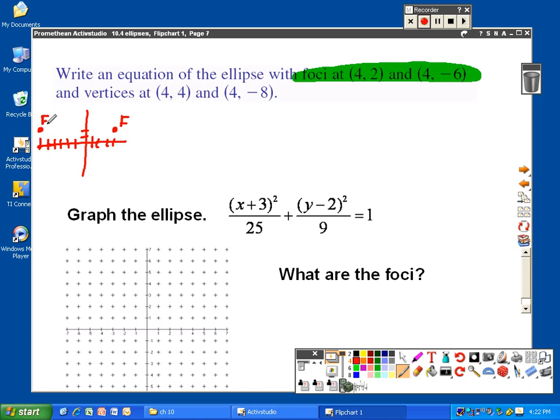So my center should be halfway between those two. So let's count how many spaces we have. 1, 2, 3, 4, 5, 6, 7, 8, 9, 10. So halfway between will be 5 spaces off. 1, 2, 3, 4, 5. So right here will be my center.